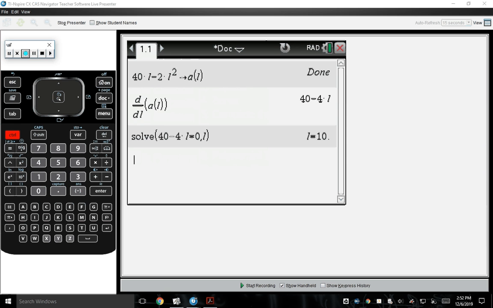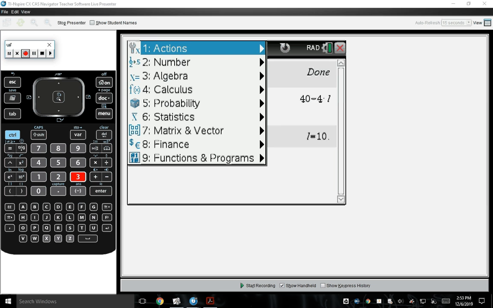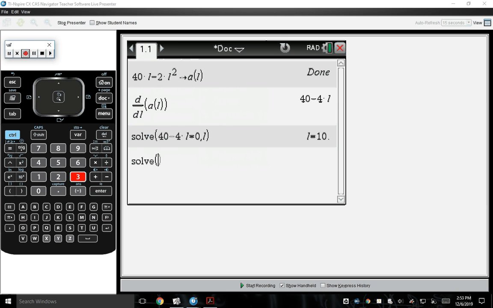There's a faster way to do what we just did, and I'll show you that right now. From here, you can press menu 3, 1, and I'm going to solve when the derivative with respect to L of my saved function A of L, now watch very carefully right now, I'm going to kick out just one parentheses out and set it equal to 0.